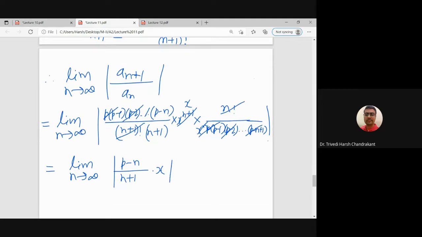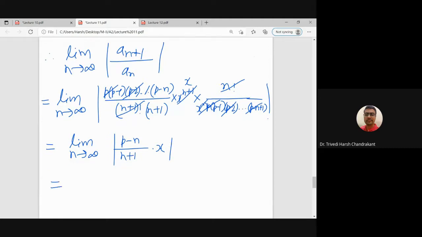Right. So now we know that whenever we want to find limit n tends to infinity, p is a fixed number and x is also a fixed number which we are going to determine. So we can rewrite this as limit n tends to infinity dividing by n.